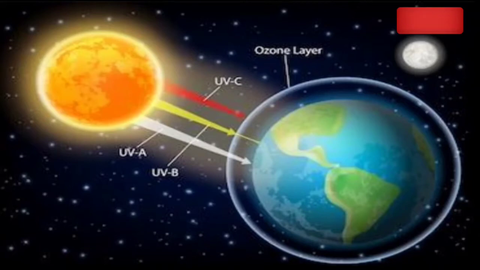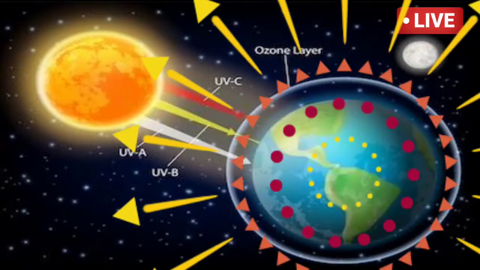Next one, the solar radiation received on the surface of the earth is called insolation.